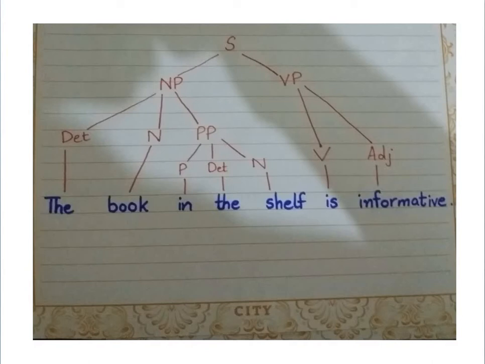In this way you have divided the noun phrase, "the book in the shelf". And then the verb phrase consists of the verb, and "informative" is an adjective, so it consists of a verb and an adjective. In this way we have analyzed the structure.